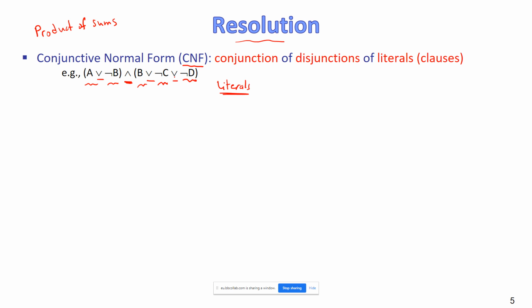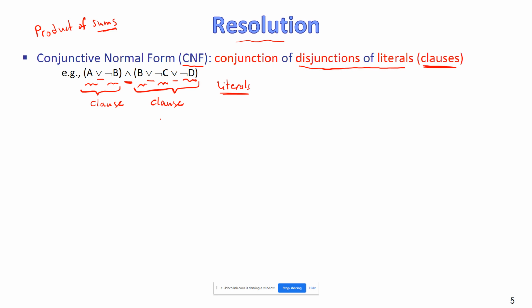Now, when we have an or of multiple literals, we call that a clause. So this is a clause, and this is a clause, which is actually a sum. That's why we have sums here. A sum can generally be more complicated, but a clause is just a disjunction of literals.